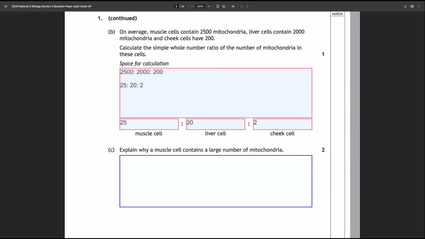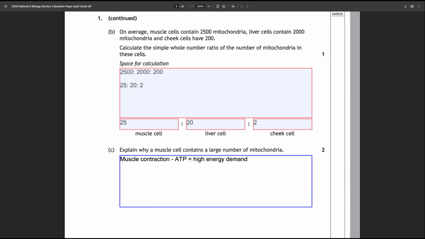So muscles, we know, are involved in muscle contraction. Now, muscle contraction requires ATP, and ATP is our energy currency in the body. It's produced by our mitochondria. So there's a high energy demand. Okay, we get a high energy demand.